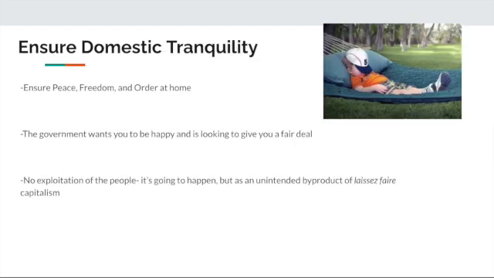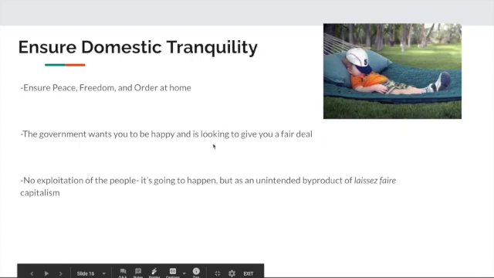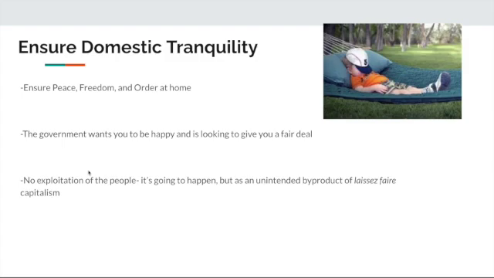Ensure domestic tranquility. This one's a little vaguer, but this is basically saying, hey, you'll be able to feel safe inside of this country. So, peace, freedom, order. They're looking to treat you right. They don't want to exploit the people, so we don't want to have any sort of political upheaval over abuses in various states.